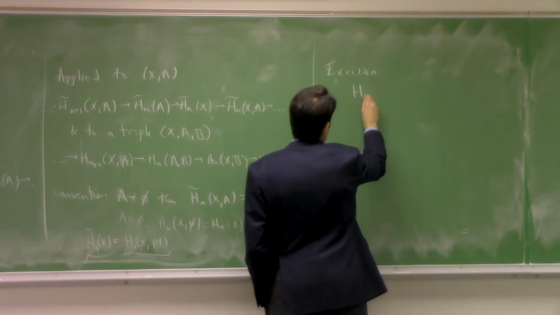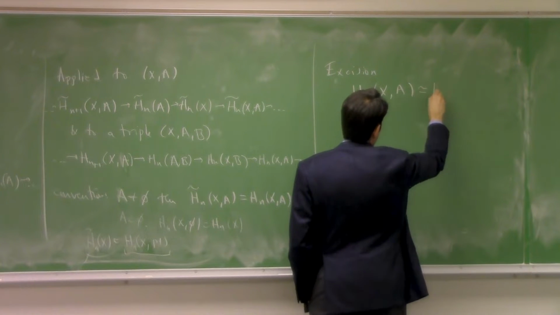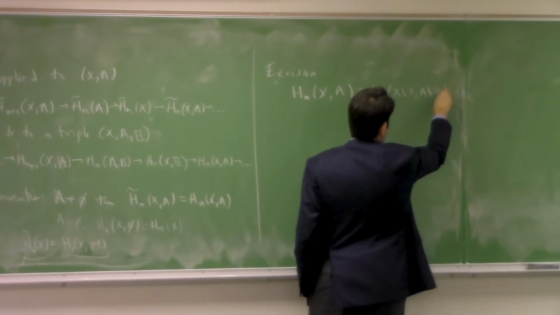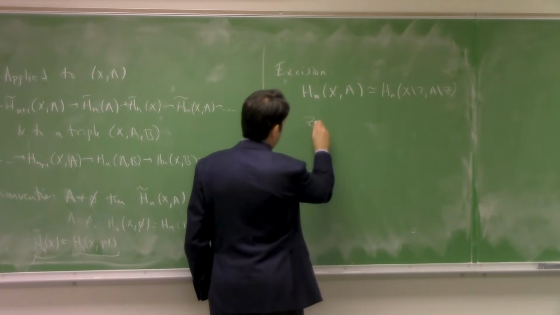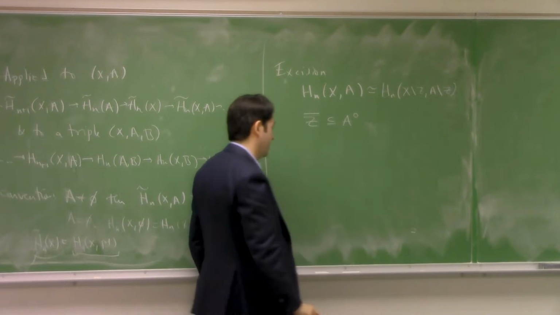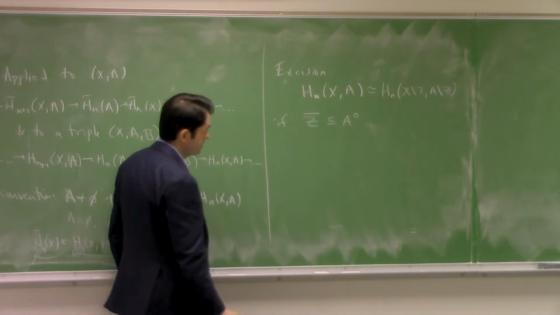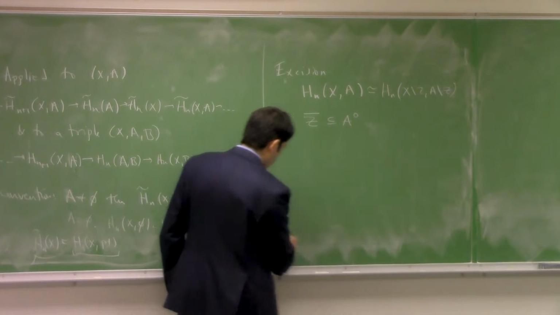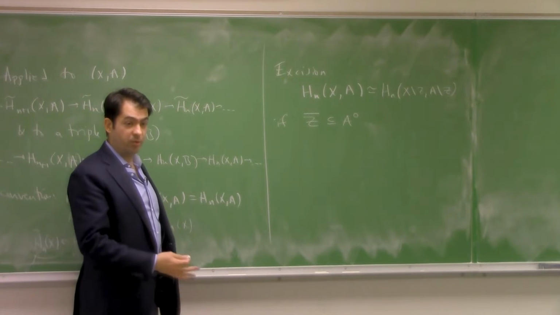So excision says that when you're looking at relative homology, you can excise a subset Z of A as long as the closure of Z sits inside the interior of A. The proof, which we'll go over in a moment, takes a little bit of work, but the main idea of the proof is pretty simple.